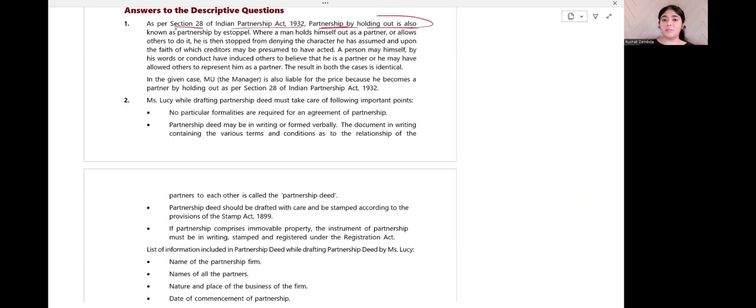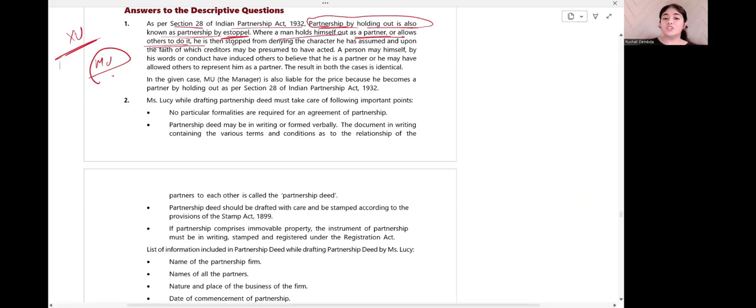This is the first main crux you have to mention. Partnership by holding out is also known as partnership by estoppel, where a man holds himself out as partner or allows others to do it. MU, did he hold himself out as partner? No. Who said so? XU. And he allowed other people to introduce him as the partner.